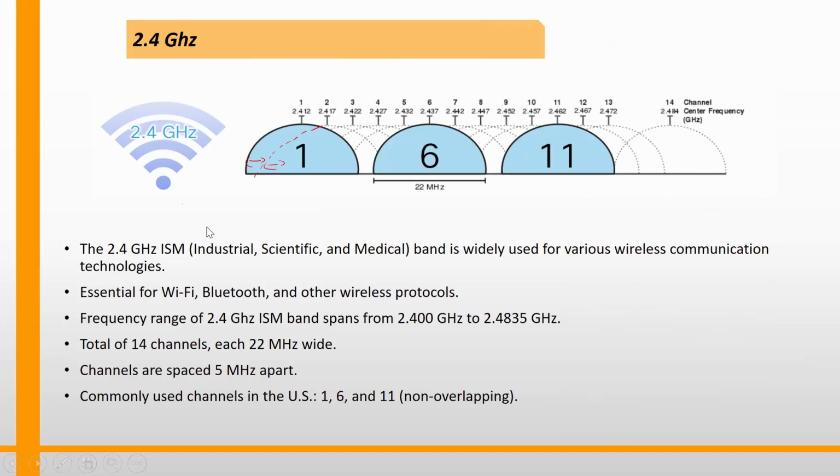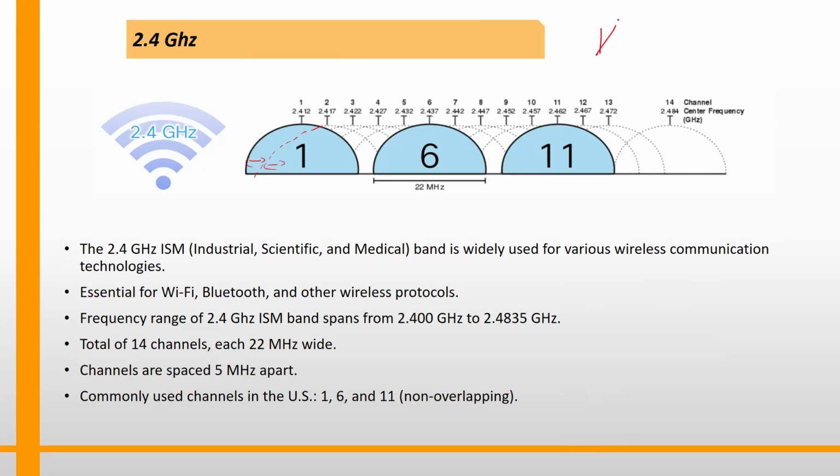So we are studying about 2.4 gigahertz in the channels and band section. In the 2.4 gigahertz space, till now we have understood that it is not a single frequency that we are sending the radiation on. When I generate the radiation, I am not going to send a single frequency from the transmitter and the receiver end.